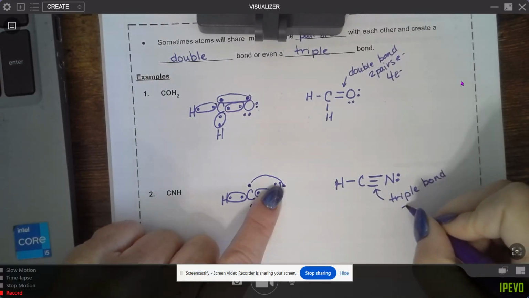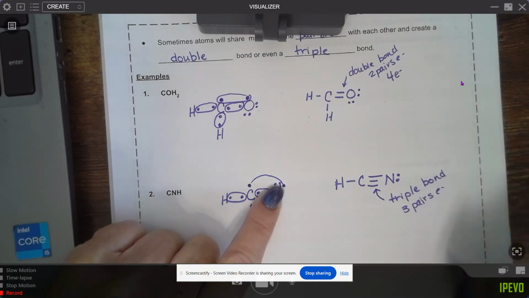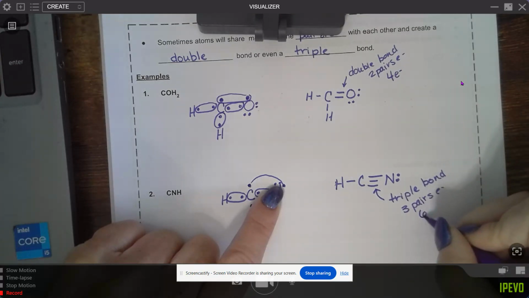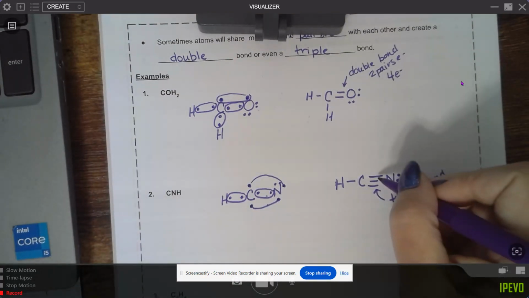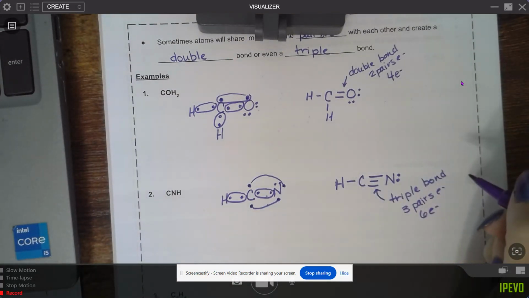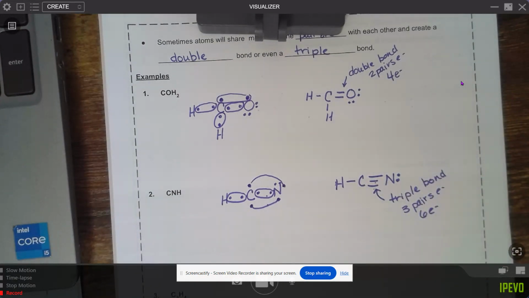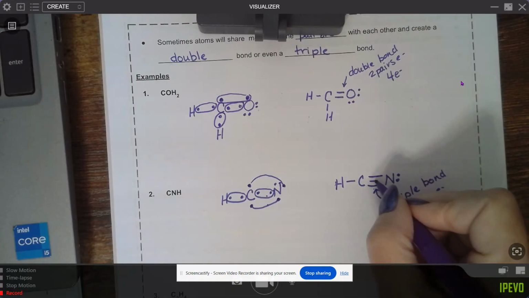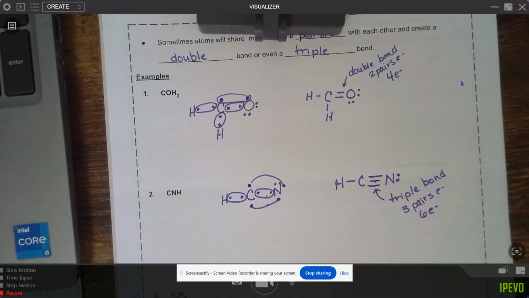Okay, and it's 3 pairs of electrons shared between 2 atoms, which means it's 6 electrons. Okay, so if you count, carbon 2, 4, 6, 8 has 8 valence electrons, and nitrogen 2, 4, 6, 8 valence electrons. Okay, so when you draw your molecules, you really start in the same way.